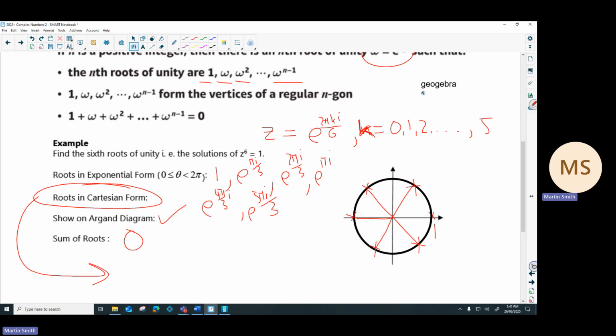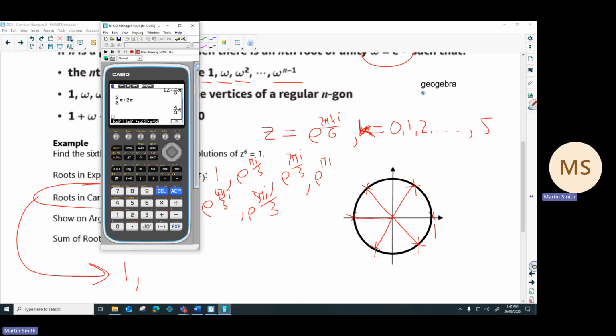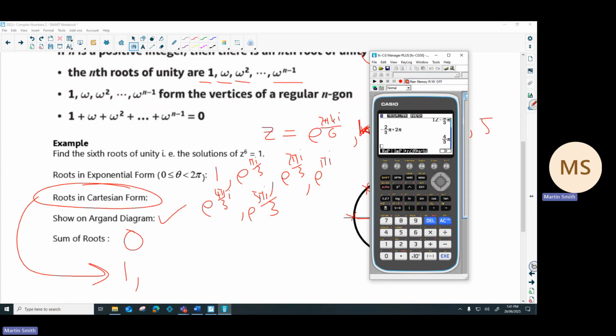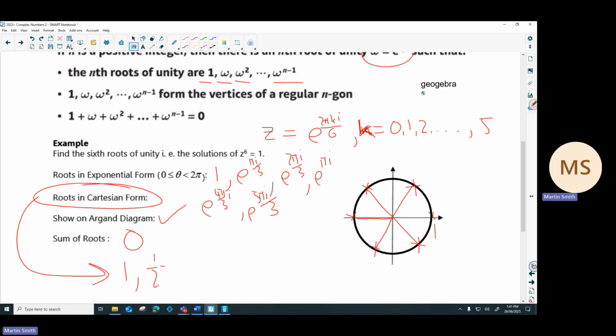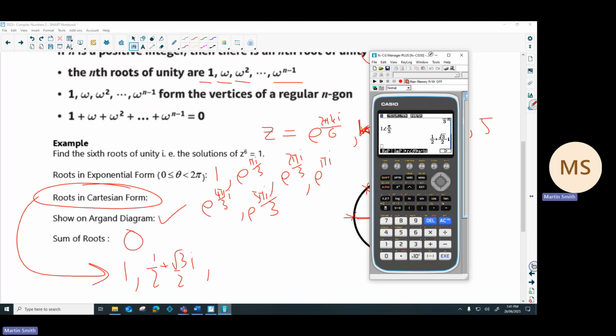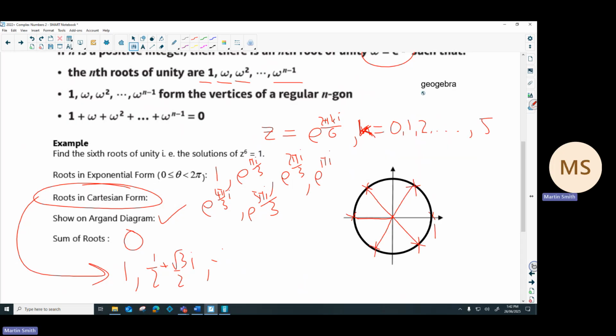To work out the roots in Cartesian form, you probably want to use your calculator to do this. So to work out, for example, e to the pi i over 3, this is the complex number whose modulus is 1 and argument is pi over 3. So that's a half plus root 3 over 2 i. And then if you change the argument to 2 pi over 3, you'll get minus a half plus root 3 over 2 i.